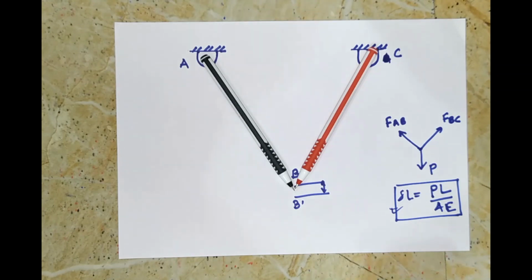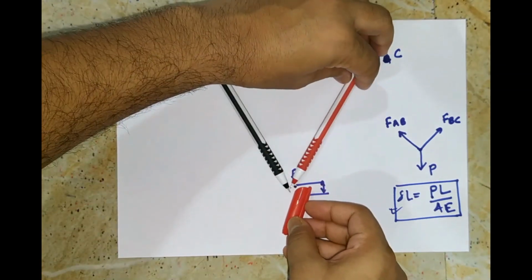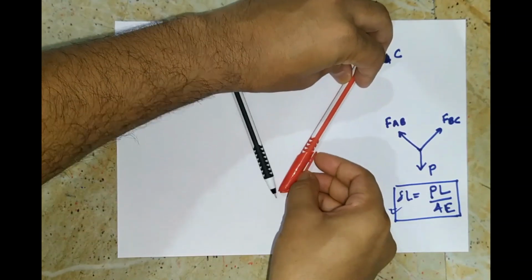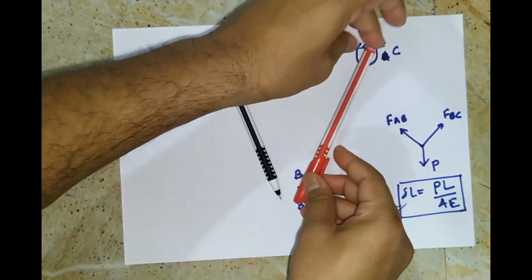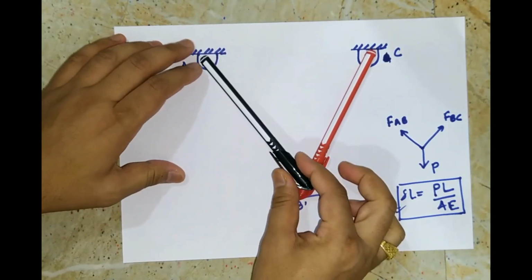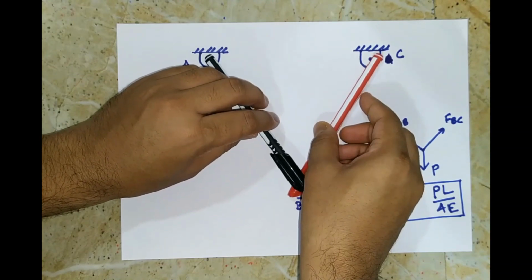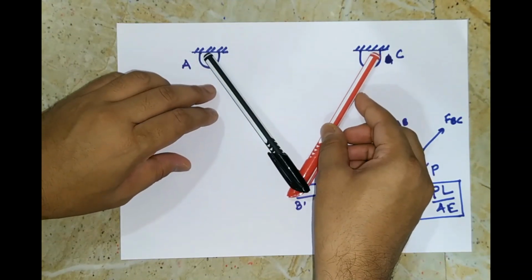So let us suppose, when I put this cap, the length will increase. Suppose this is the elongated length.